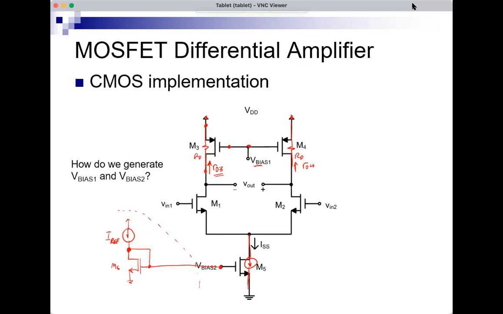Same thing, we can also use a PMOS here. And in fact, I can connect it to this node. And that can generate for me Vbias1. So this can go here.